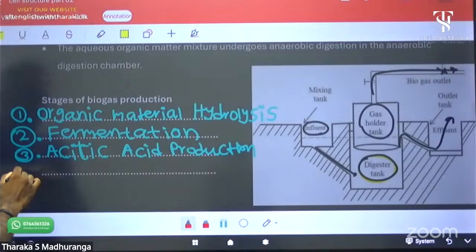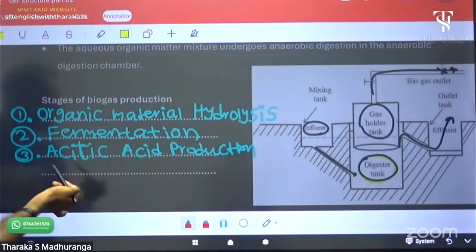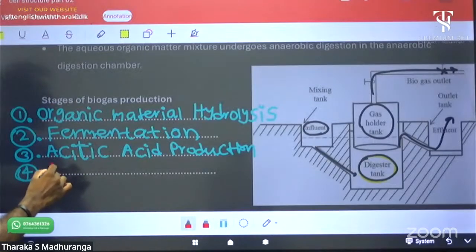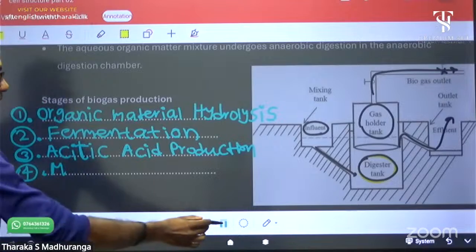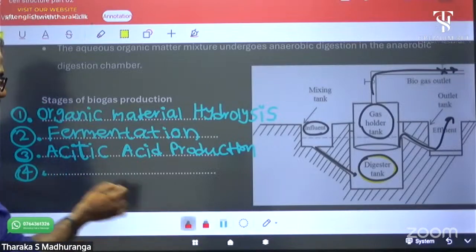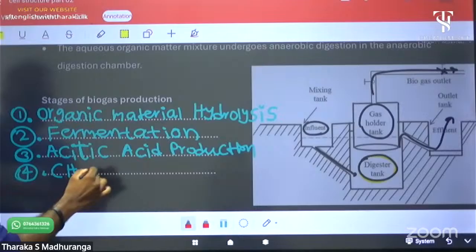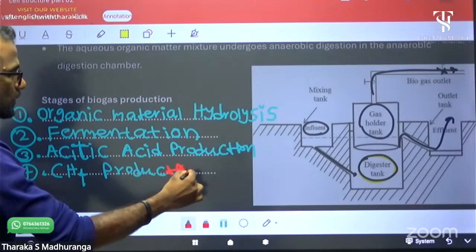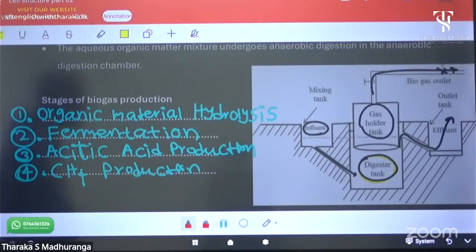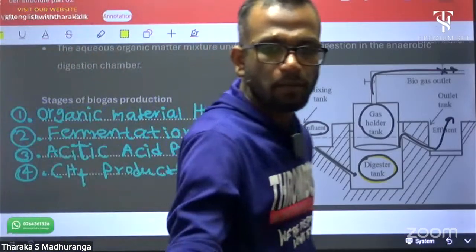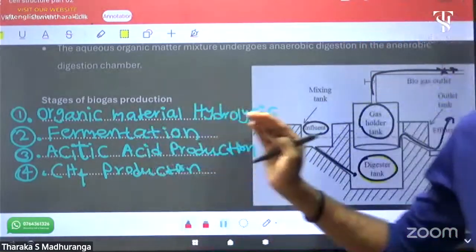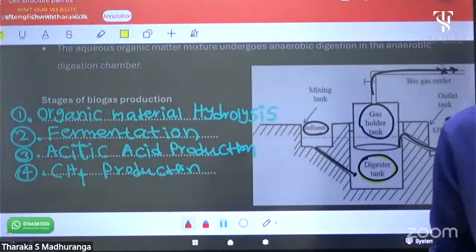Finally, this acetic acid, through further fermentation, converts into methane production. CH4 production, methane production. Okay, they are the main 4 steps of biogas production.